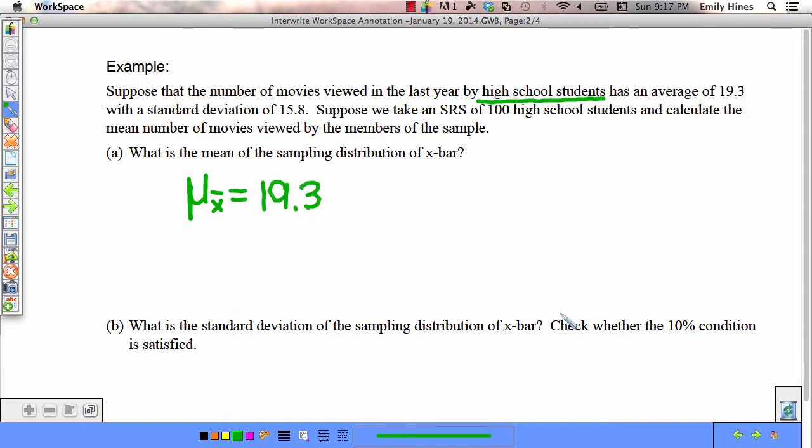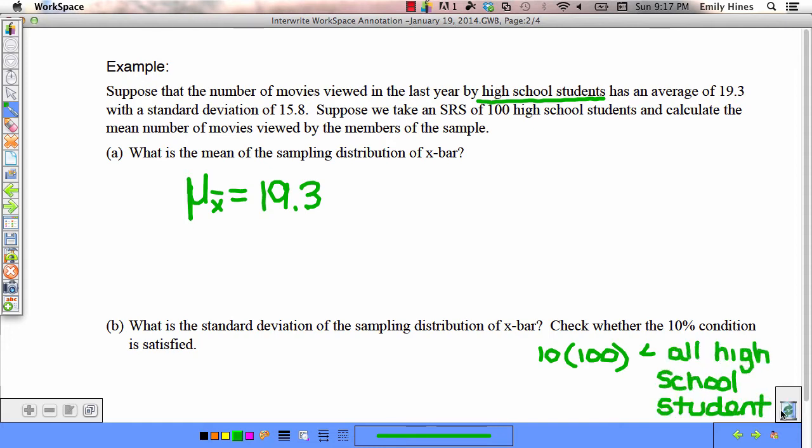And the standard deviation, well, one, I need to check the 10% condition. So I would say 10 times 100. Well, I am pretty sure that that is going to be less than all high school students because that's my population. So there's my 10% condition. And so once that is met, I say the standard deviation of my sample mean is my overall standard deviation, my population, 15.8, divided by the square root of my sample size, which is 100, which means my standard deviation is going to be 1.58.